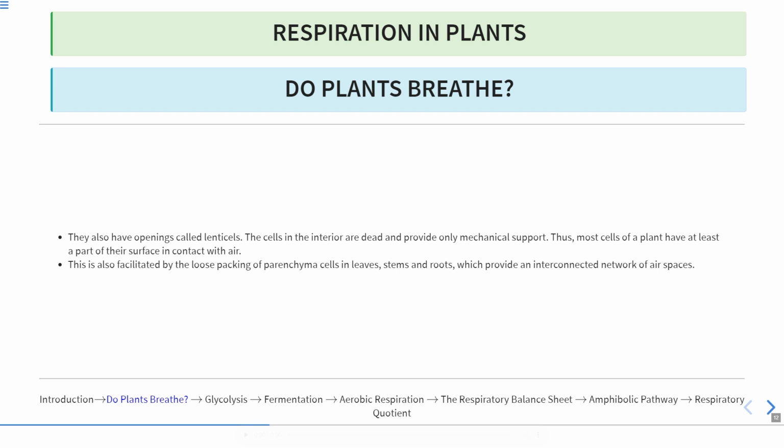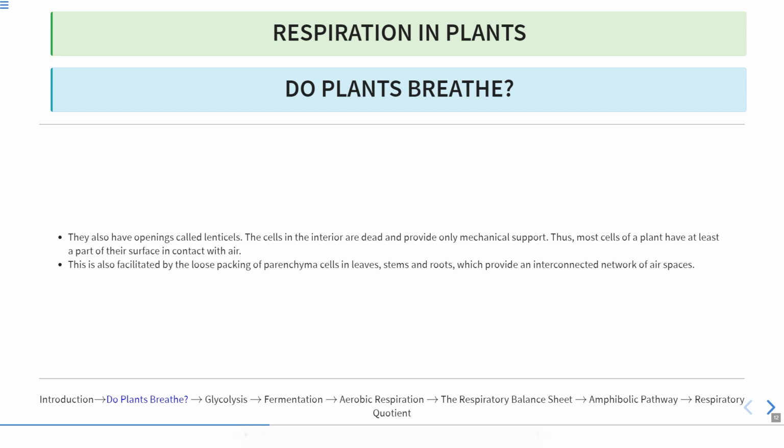This is also facilitated by the loose packing of the parenchyma cells in leaves, stems and roots. In the leaves you can see there is some loose parenchyma, and with that the oxygen can move to the inner surfaces also, right? In the leaf, stem and root there is an interconnected network of air spaces.